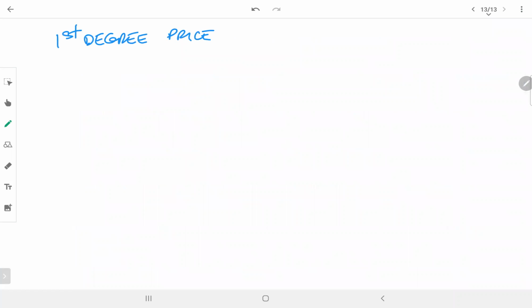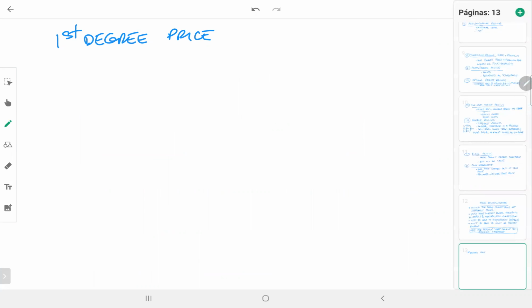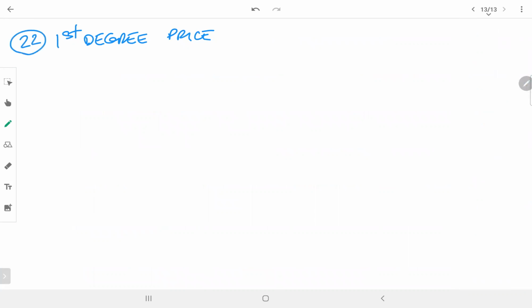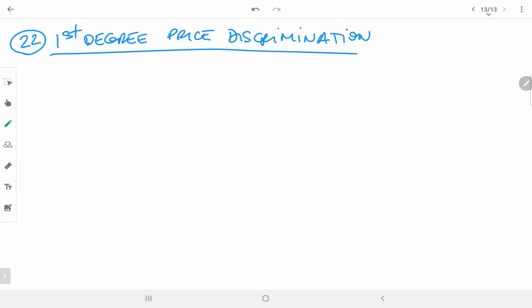And this will be number 22, 5% of the grade. 22, first degree price discrimination. First degree price discrimination.